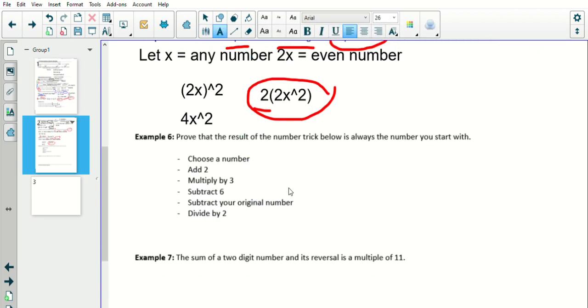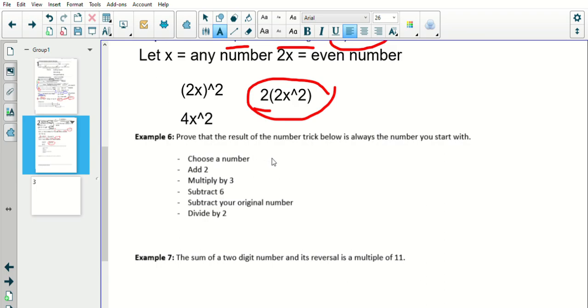All right, well, let's take a look at the next problem here. I'm trying to prove something. This is the trick you can see on Facebook or on TikTok, where someone tells you to choose a number. They do a series of math, and it comes back out to the number you started with, or the number you were thinking of.